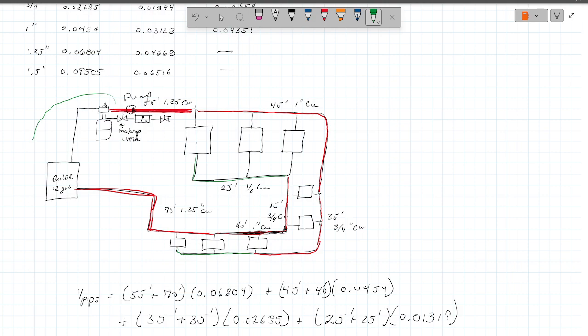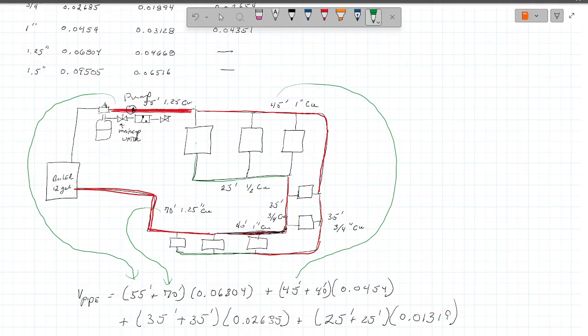So if I take this flow, it's there, and this one, it's there. And then the 45 was this one here, and the other 40 was this one there. So any place I had 1 inch pipe, I'm adding it up. This was all 1.25 inch pipe. This was all 1 inch pipe. This one was half inch.